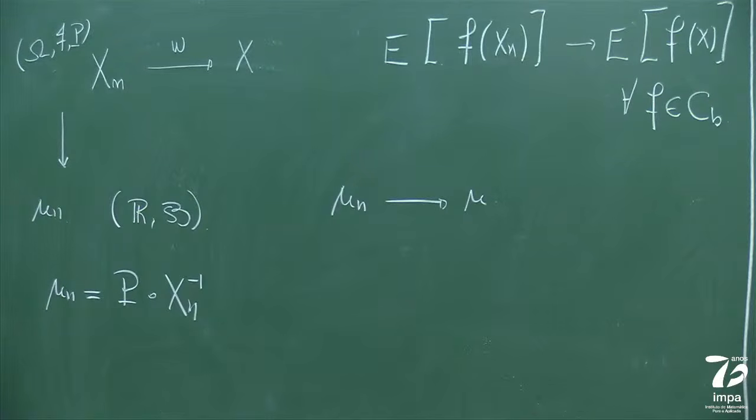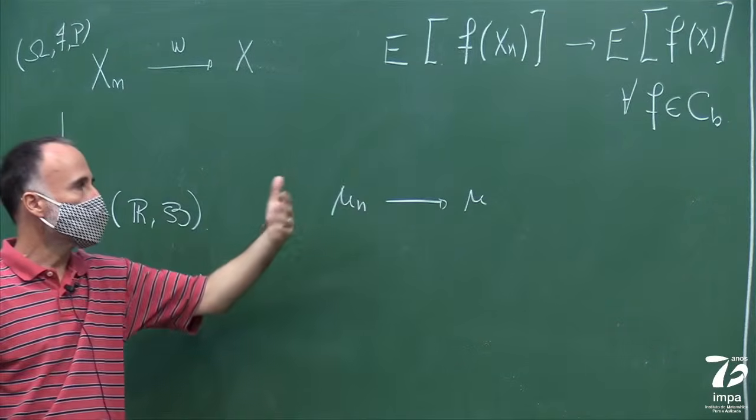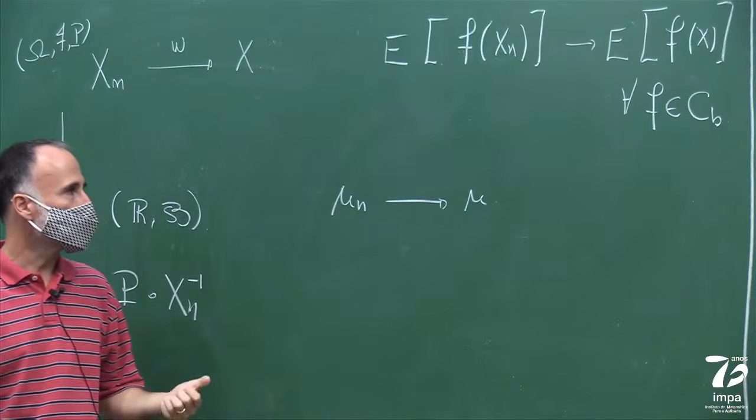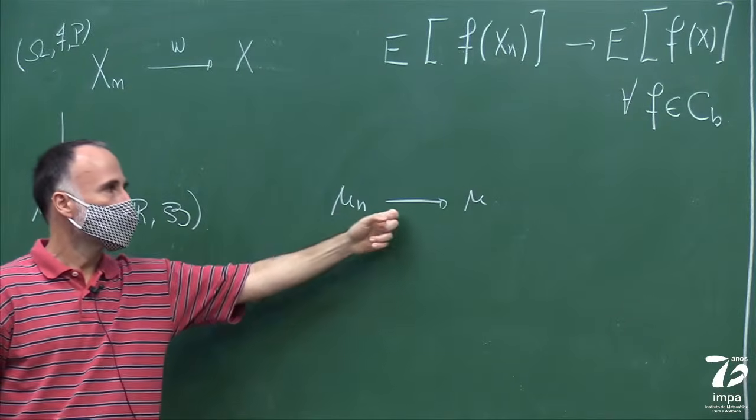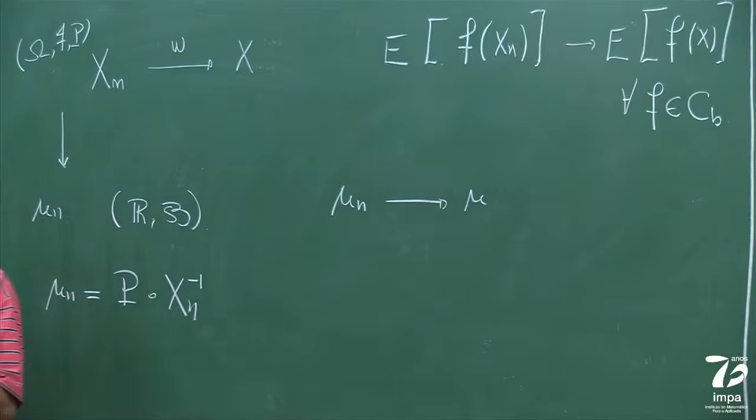Okay? And how do you prove this type of result? Well, the typical method in which you prove this result is by showing first that this sequence mu n is compact, which is tight.